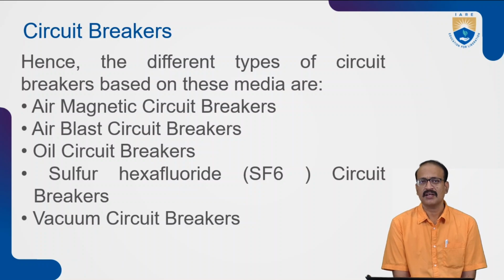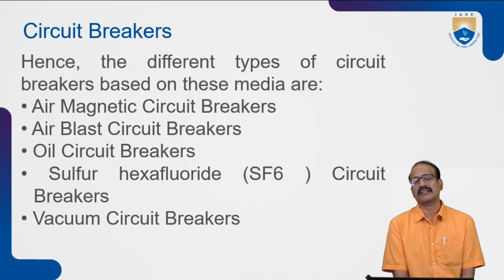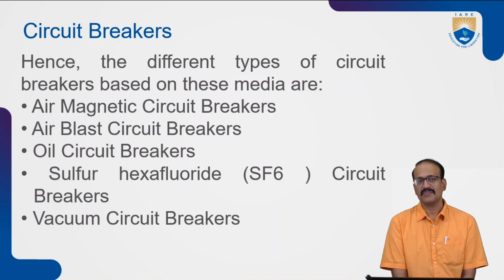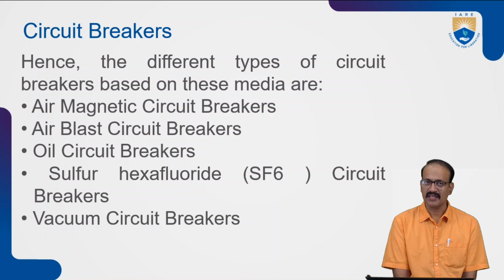For extinguishing the arc, different circuit breakers use different methods. Based on the medium in which we keep these separating contacts, mainly to extinguish the arc, we name the breaker. If the medium is air, we call it an air circuit breaker.